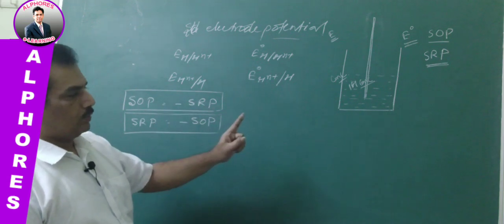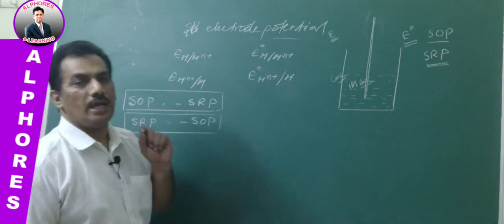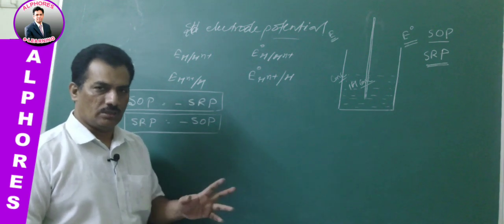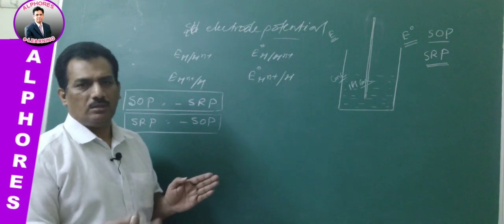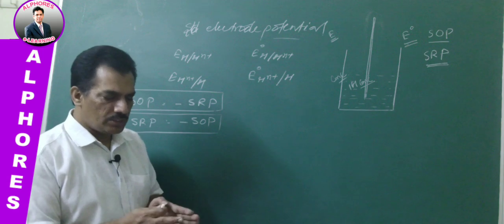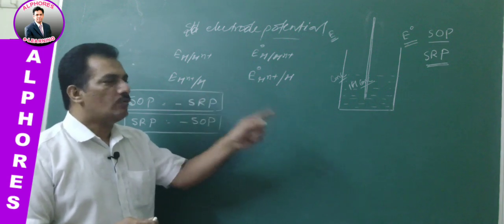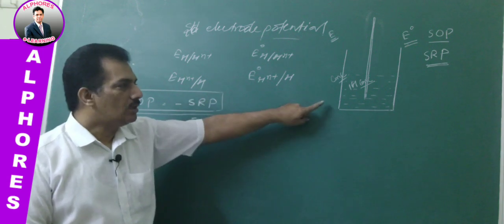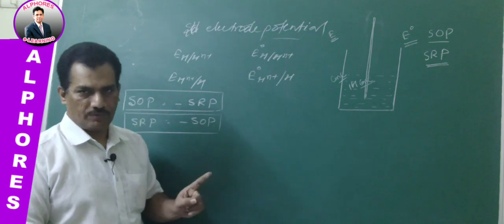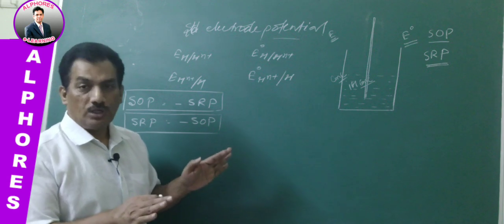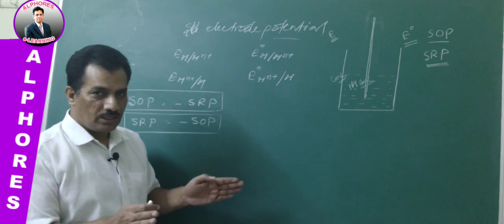Remember, it may be oxidation or reduction. Already in the previous class we discussed this. The only difference is that there we did not confine the concentration, but here we are confining the concentration to 1 molar. That is the only difference. Clear?